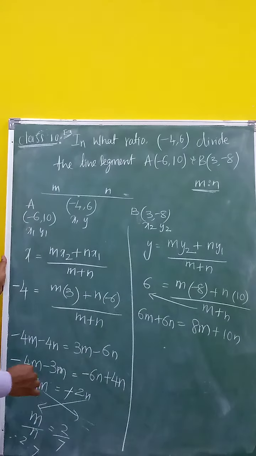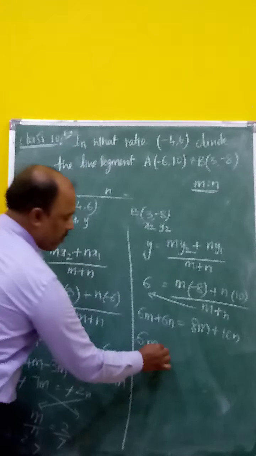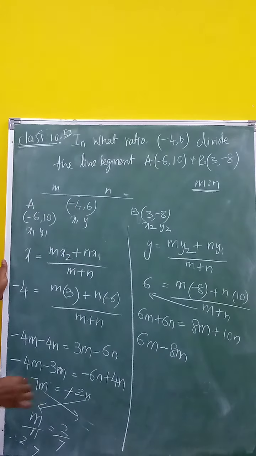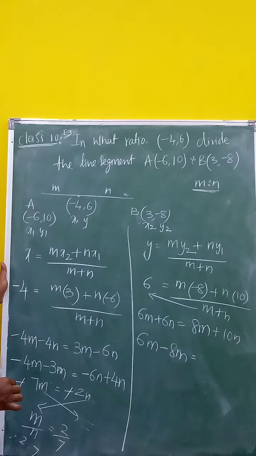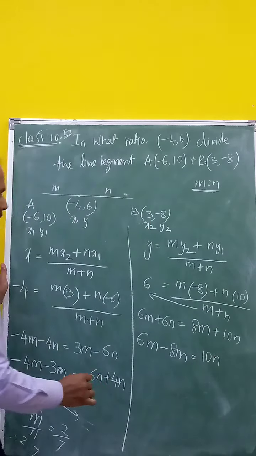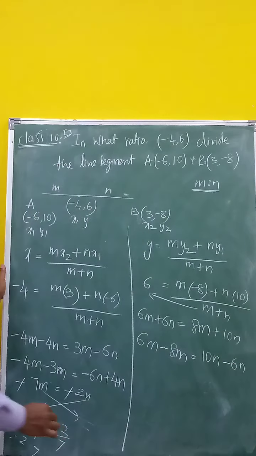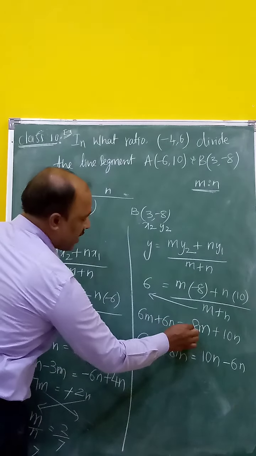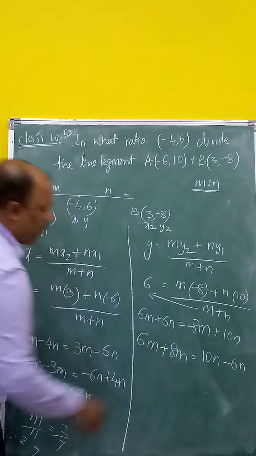One side the variables: 6m minus 8m, 6m minus 8m is equal to, what is it again here? 10n minus 6n. Here minus 8m, if you take it to the left side, will become plus.